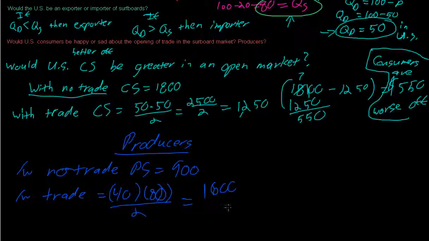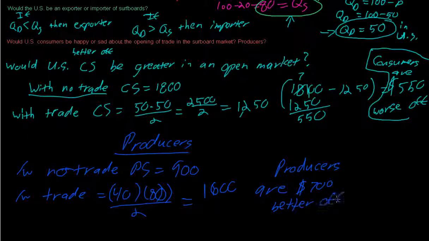So we now know that producers are $700 better off, because 700 is 1600 minus 900.